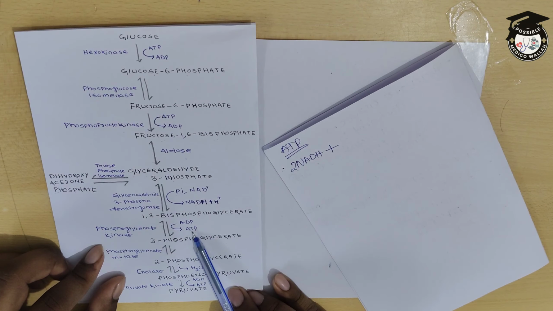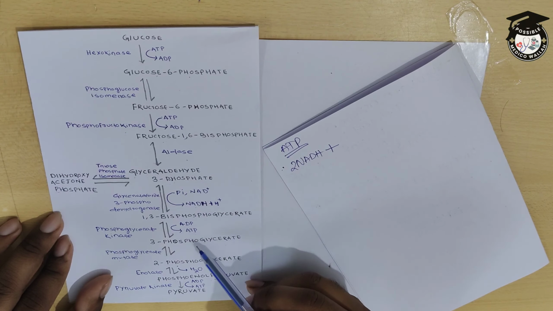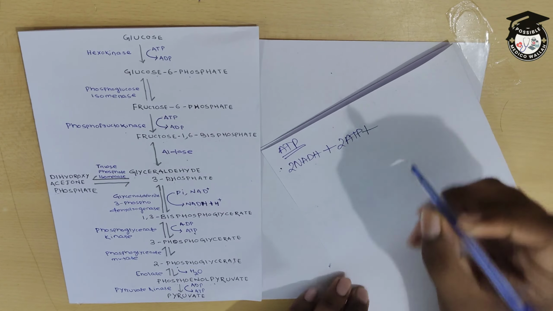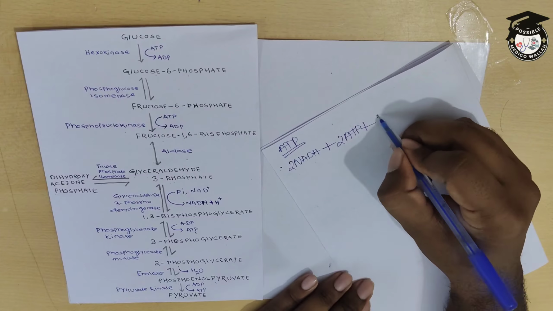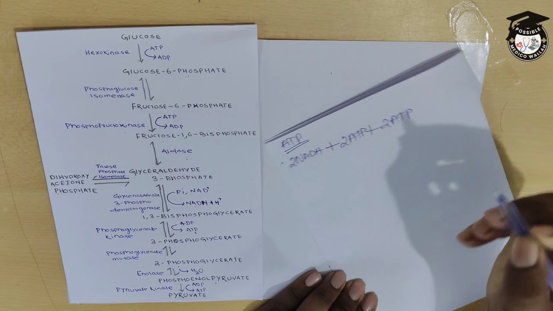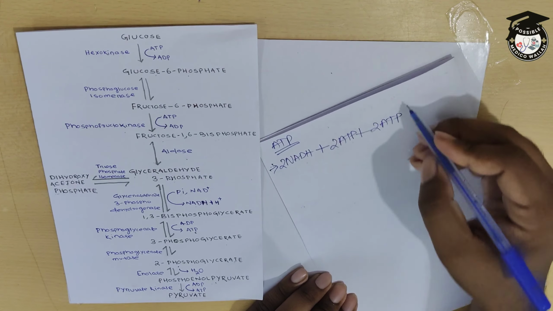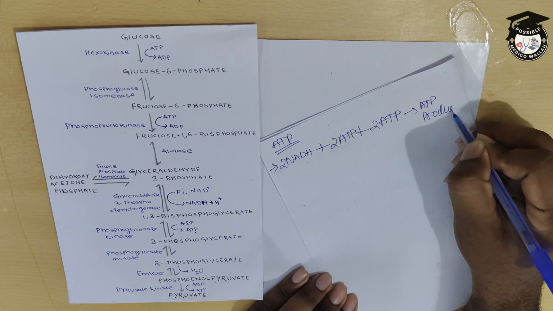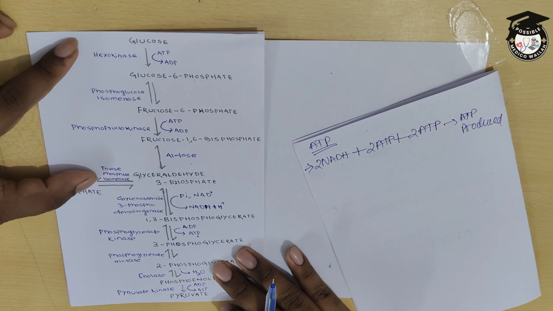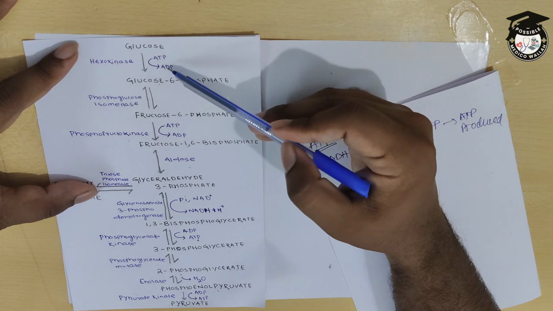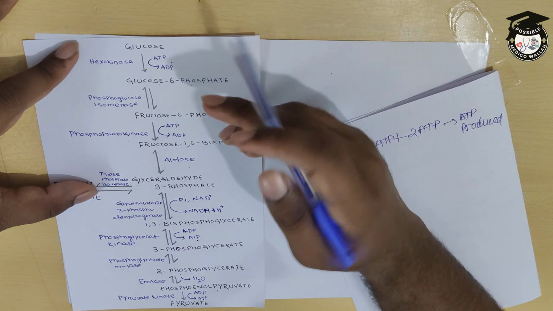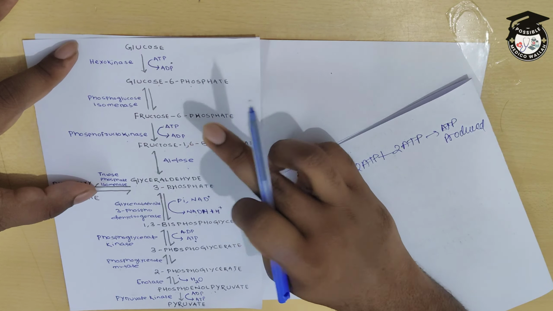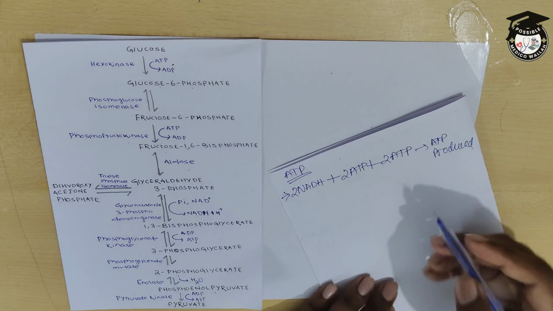In this, substrate level phosphorylation occurs and 2 ATP are produced. In this step also, the same process happens. This is the ATP produced. In the preparatory phase, in this step ATP is used for phosphorylation, and in this step also ATP is used for phosphorylation, meaning a total of 2 ATP are used.